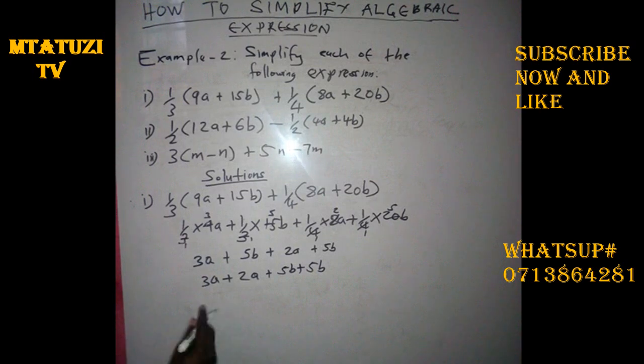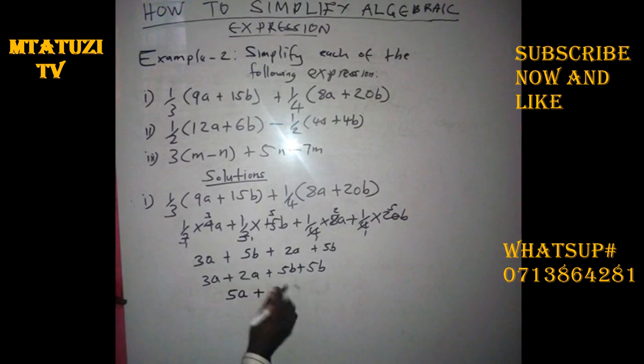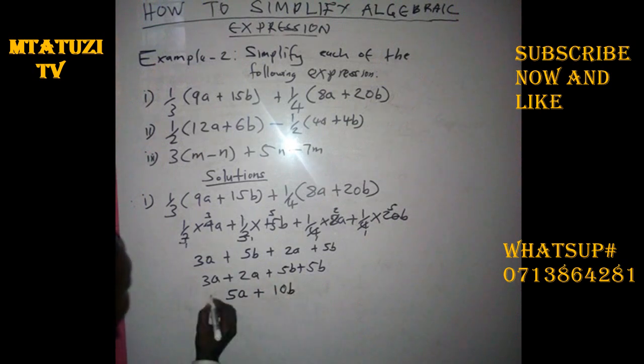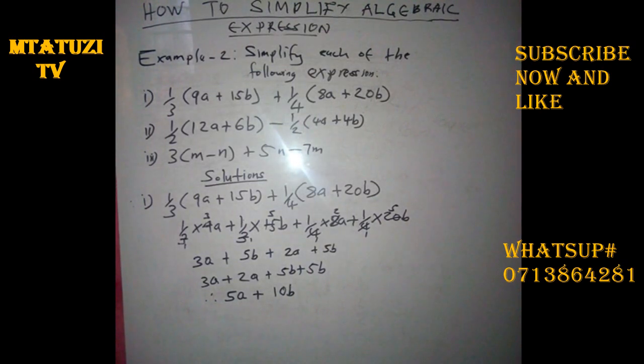Now you are doing simple additions. 3a plus 2a, you get 5a, plus 5b plus 5b, you get 10b. So this is your answer for question number 1. I think you have understood question number 1. That is how we do question number 1.